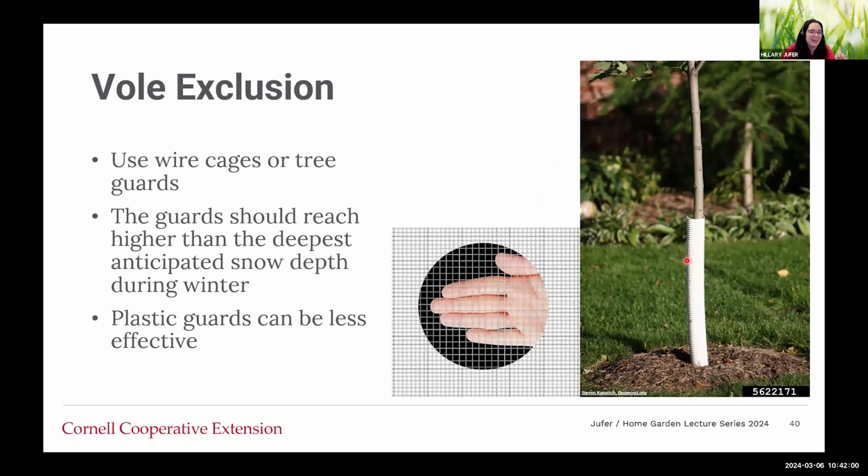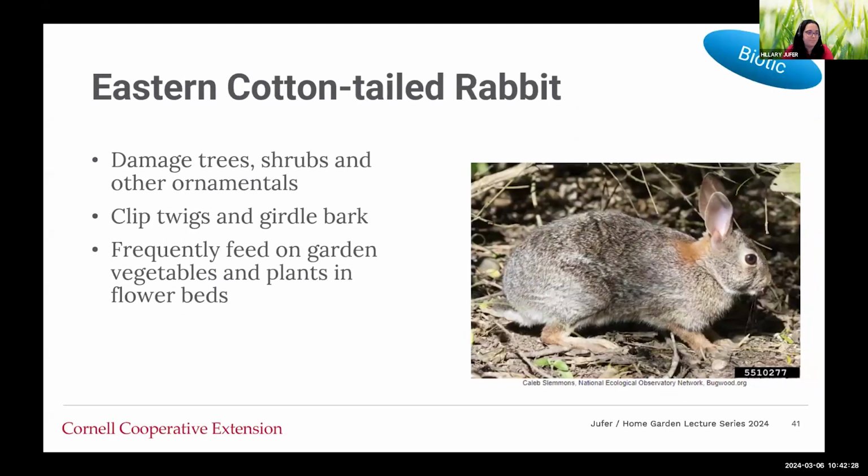You're going to have these at least 10 inches above. So keep an eye on what amount of snow you're going to be seeing potentially this year. And the plastic ones can be less effective. I only say less effective because they can break down in UV light and they might unfurl depending on which kind you have. So just make sure that you keep an eye on them and see if you need to change them at all.